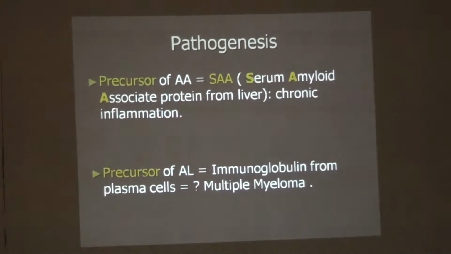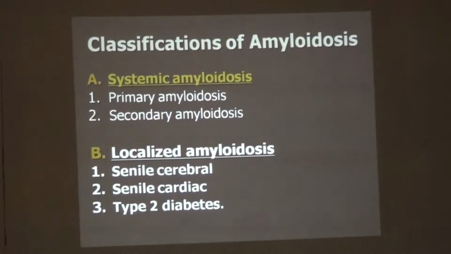Amyloid light chain, the primary cause, we usually get in multiple myeloma, non-Hodgkin lymphoma or lymphoproliferative disorders.